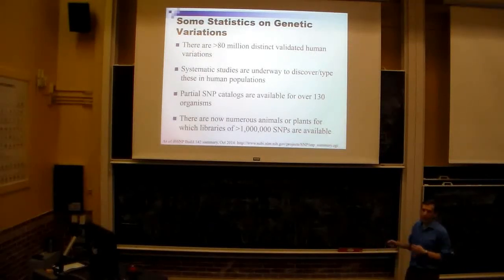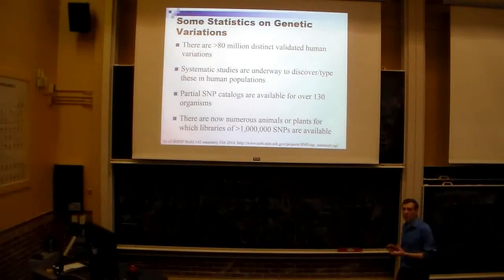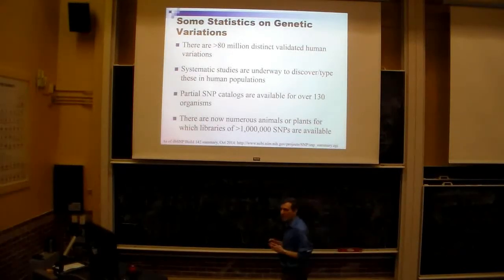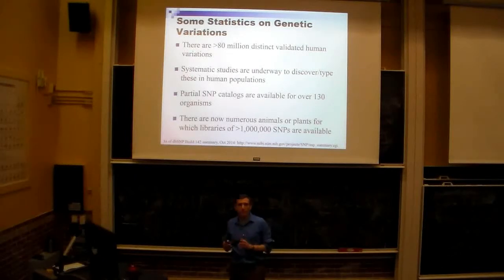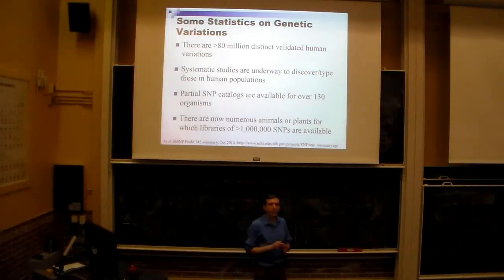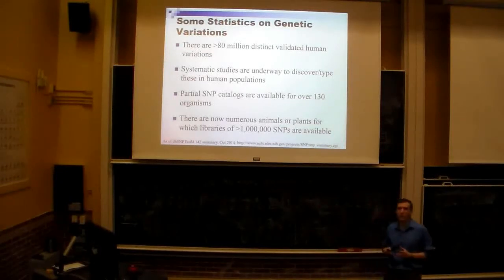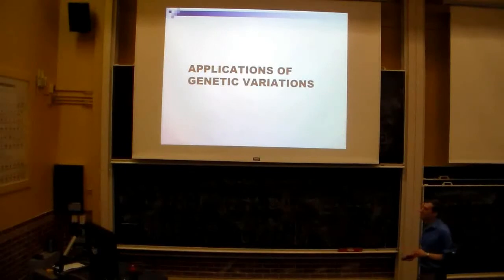These kinds of libraries are now available for many important agricultural organisms. And as we'll see when we get into the next lecture, there are a lot of interesting questions you can ask when you have these kinds of data sets available, and a lot of kinds of studies we can do that become possible once we get this kind of information.